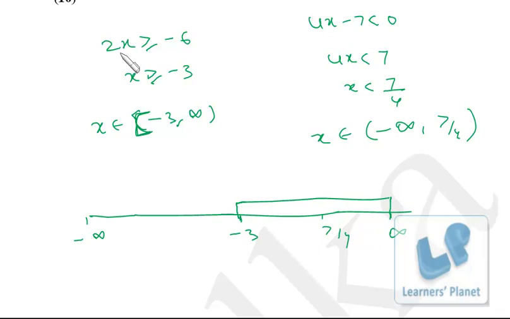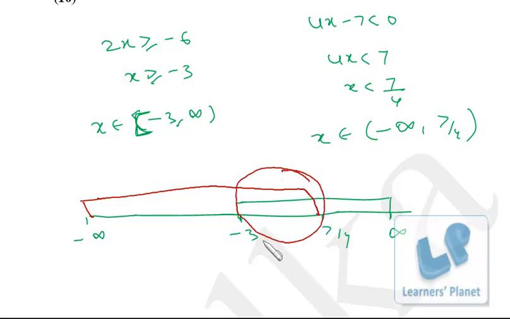Then let us draw minus infinity to 7 by 4. So it is minus infinity to 7 by 4. We can see this particular portion, minus 3 to 7 by 4, right? Minus 3 to 7 by 4. That will satisfy this as well as this.